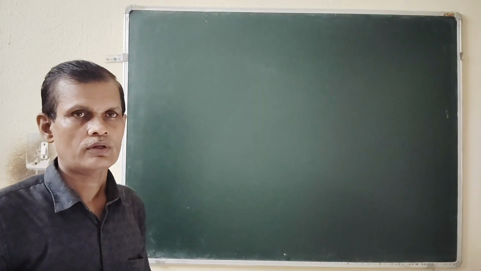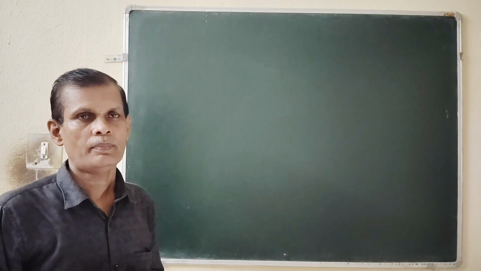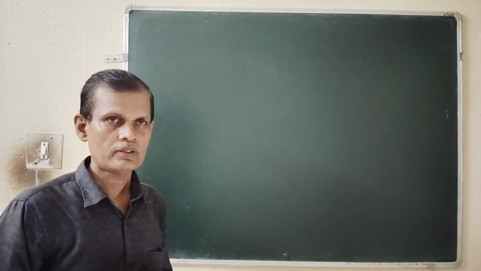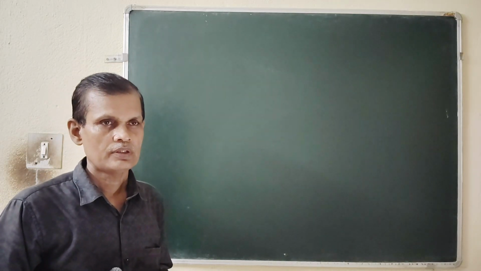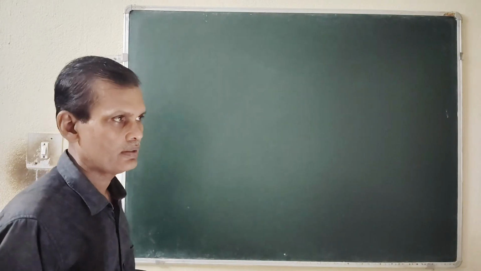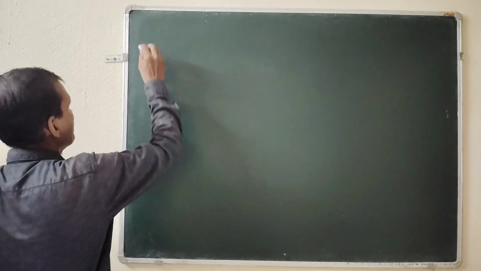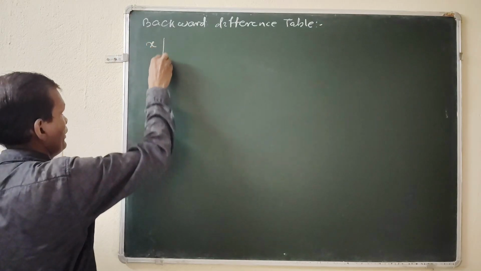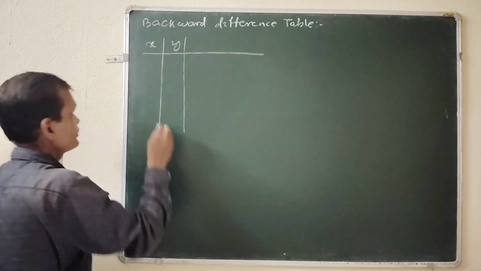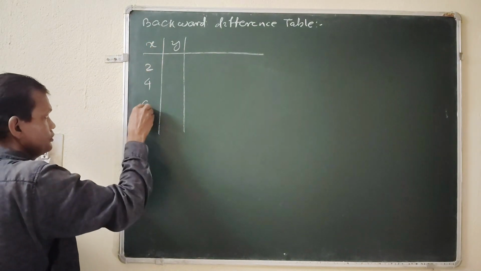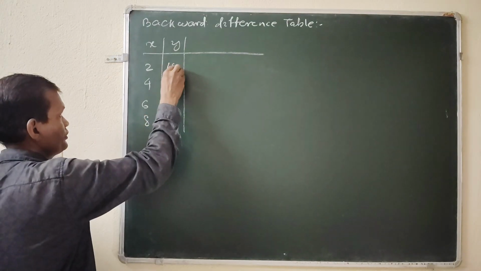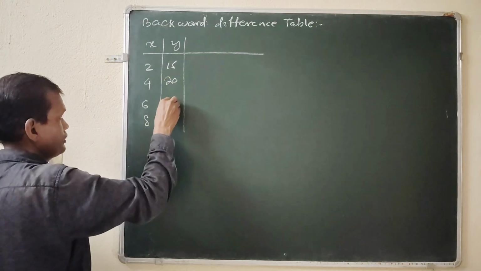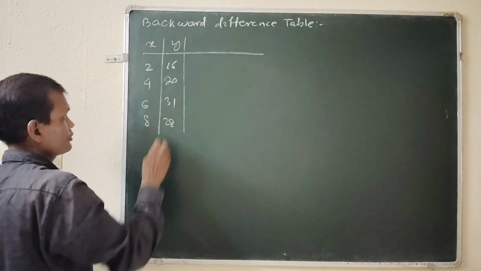Now we have discussed the backward difference operator and its corresponding table. Let us come to a particular example with some data. Backward difference table. Let us consider the data x and y: x is 2, 4, 6, 8 and y is 15, 20, 31, 28.